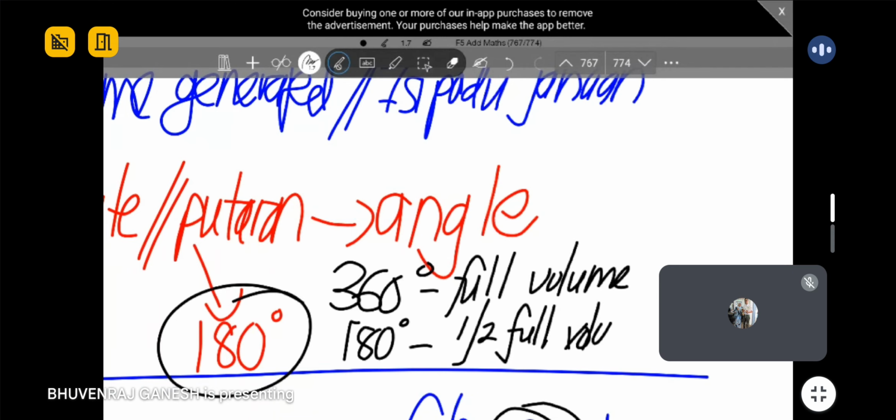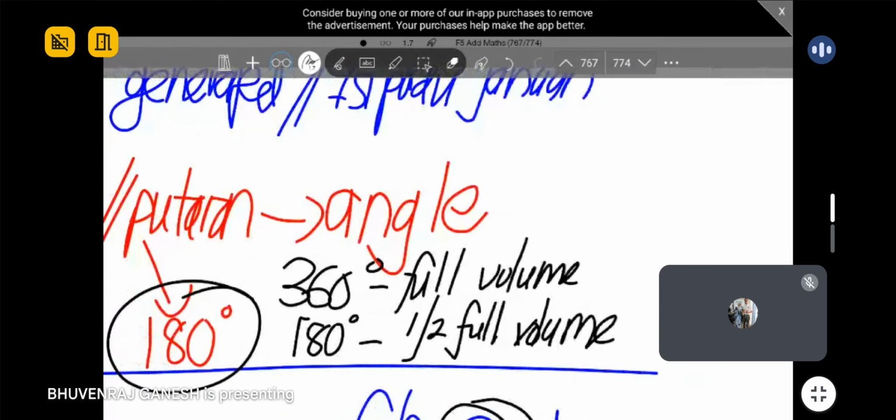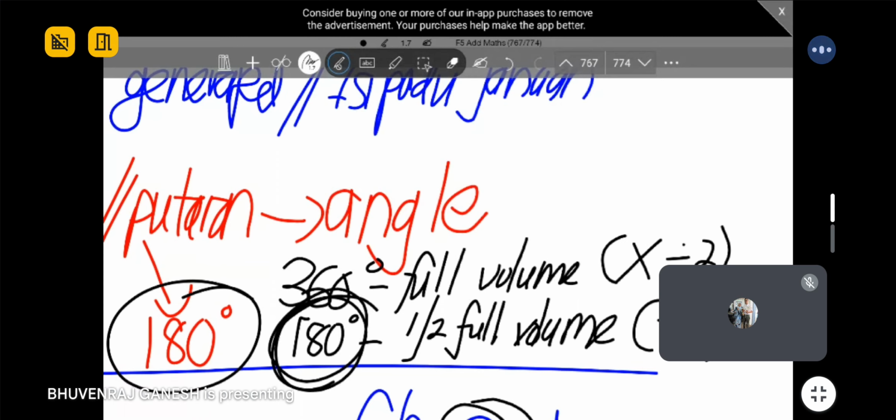So always remember, kalau soalan tell 180 degree rotation, bahagikan jawapan kamu dengan 2. Yang ni tak perlu bahagi 2. Understand? So a lot of people forget this step, you know. If 180 degree, must divide your answer by 2. Okay? Kena bahagi jawapan. Jangan lupa. Okay? Are you all clear, guys?